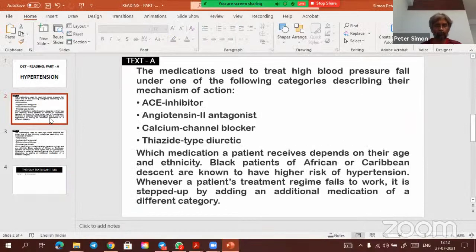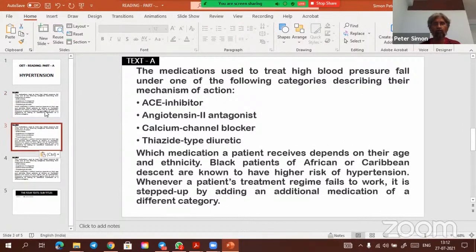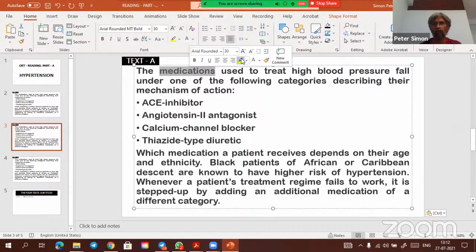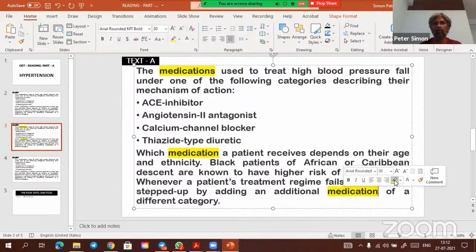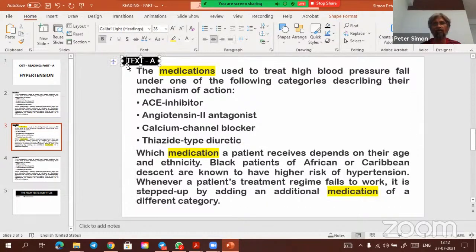So this is medications. You can see here. So this is medication. This is medication. This is medication. So now what I did, I gave a title for that one.